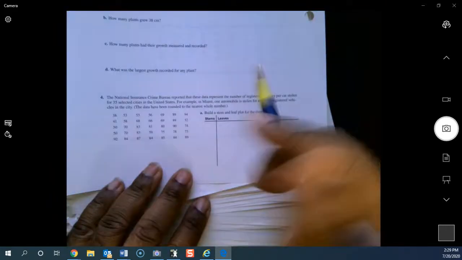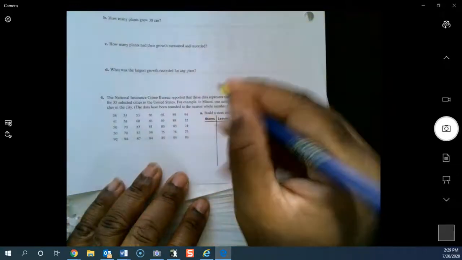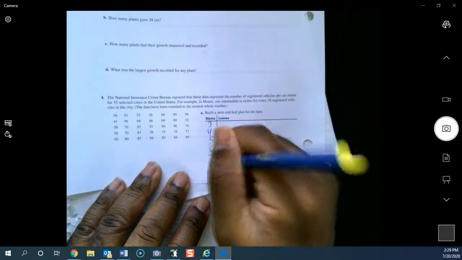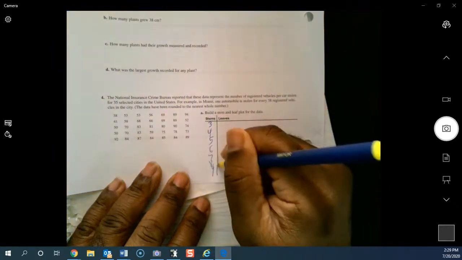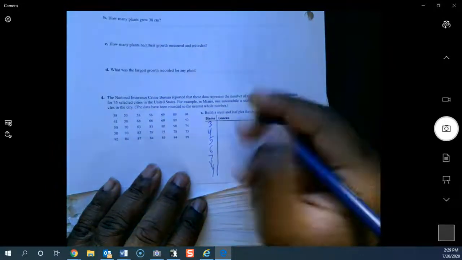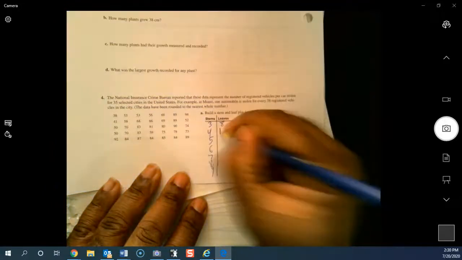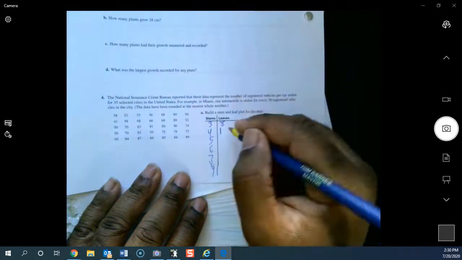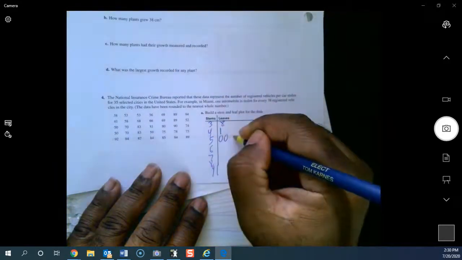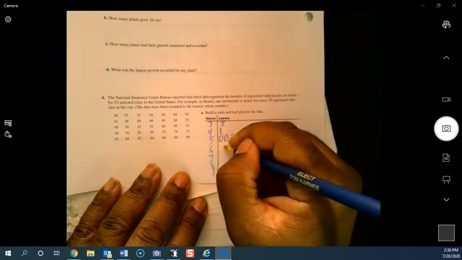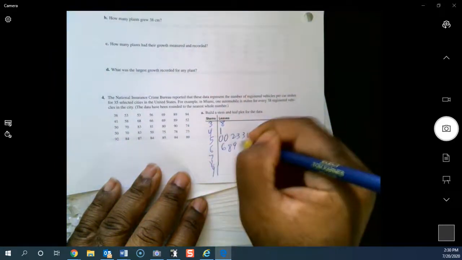Okay, now we do a stem and leaf plot here. We had 3, 4, 5, 6, 7, 8, 9. If we look at these digits here, we will go from 3 to 9. So it's 1, 3, 1, 4. So it's 38, 41. The 5s, it'll be 2, 0, 2, 3, 3, 6, 8, 9. The 6s will be 6, 8, 9, 9.